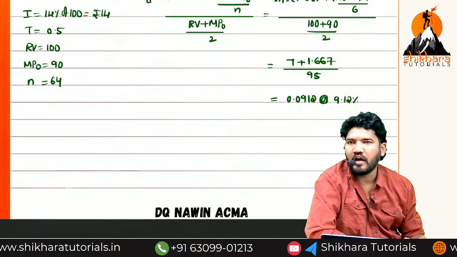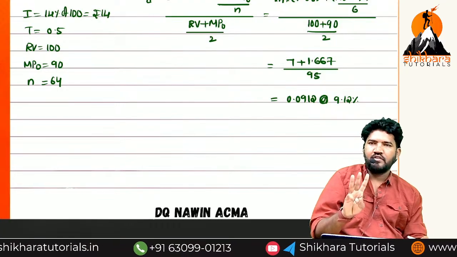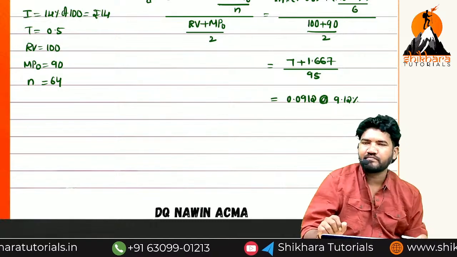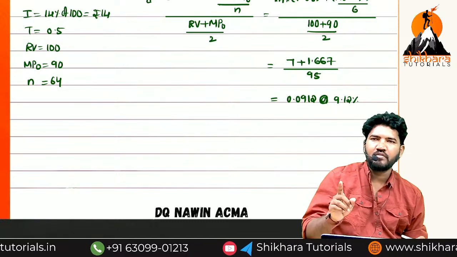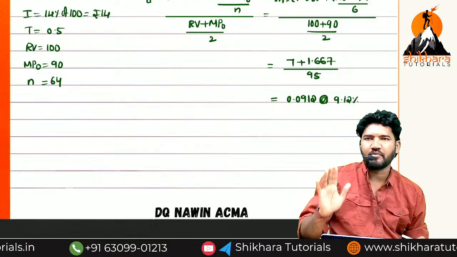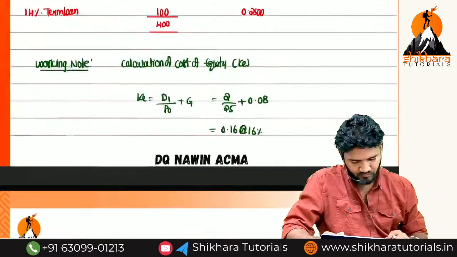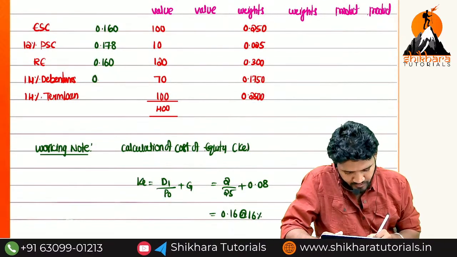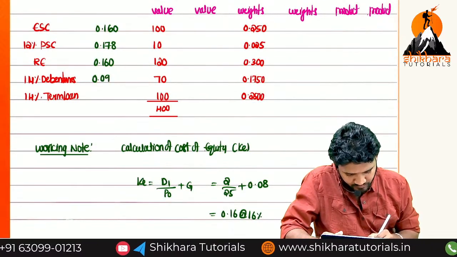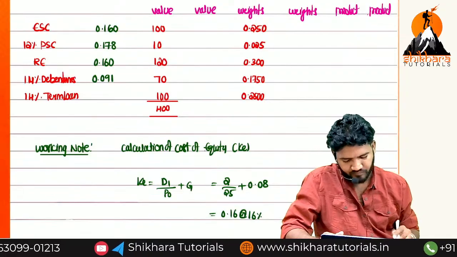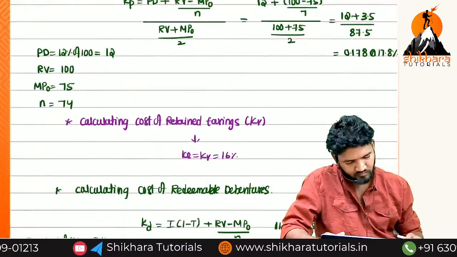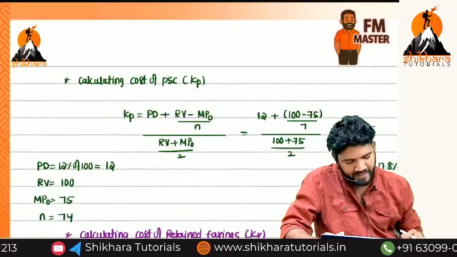Okay, after the decimal point consider three numbers and round off with the fourth one. More than 5 add 1, up to 5 consider that number only. Sir, clear sir? 0.091. What about KT?